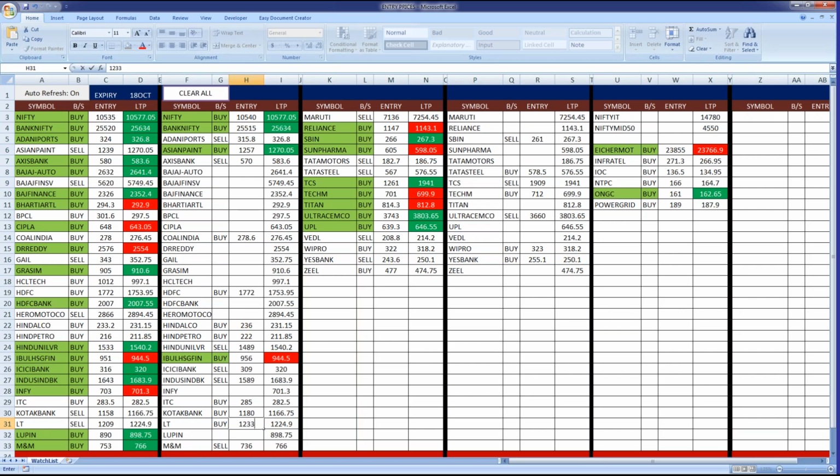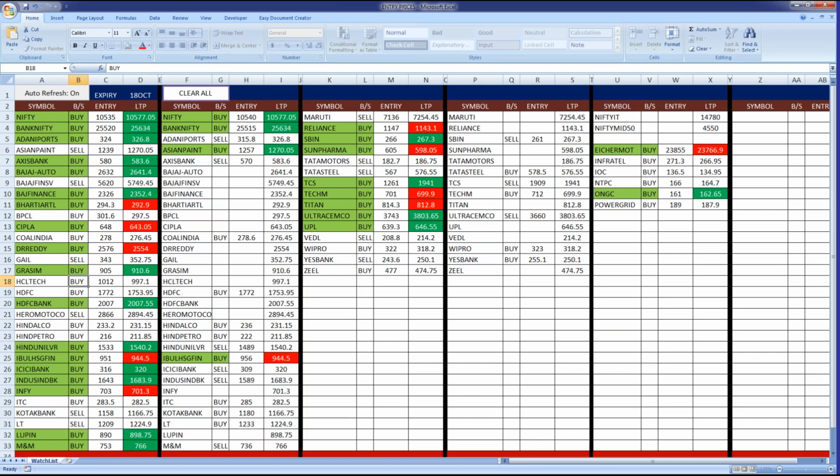Likewise, I have a call in HCL Tech. I have some more fresh calls, so let me check the calls one by one. HCL Tech, I had a buy from yesterday.